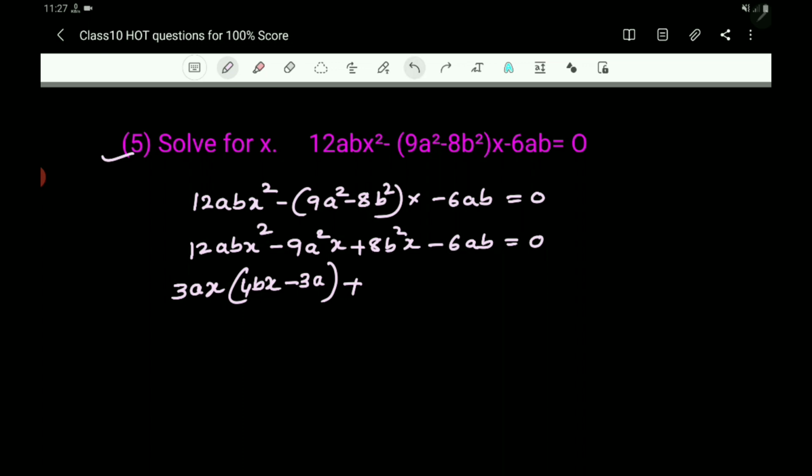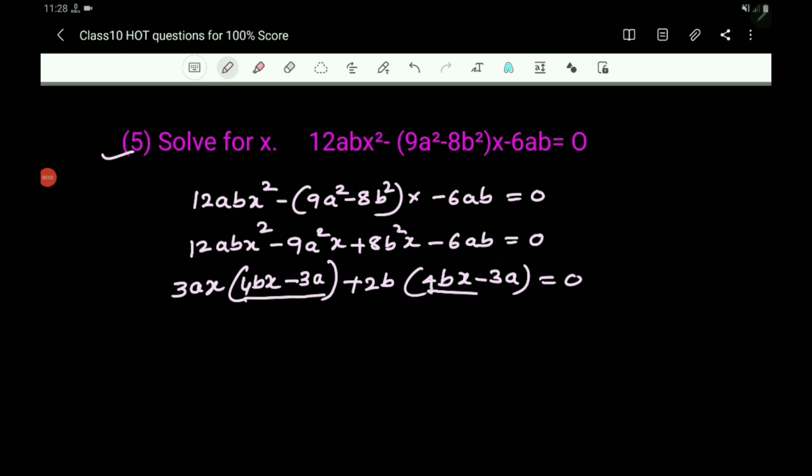You know that 8 and 6 are in the table 2, and b square b is common, write that, and in the bracket what is remaining? 4b and x minus 3a you will get, that equals 0.